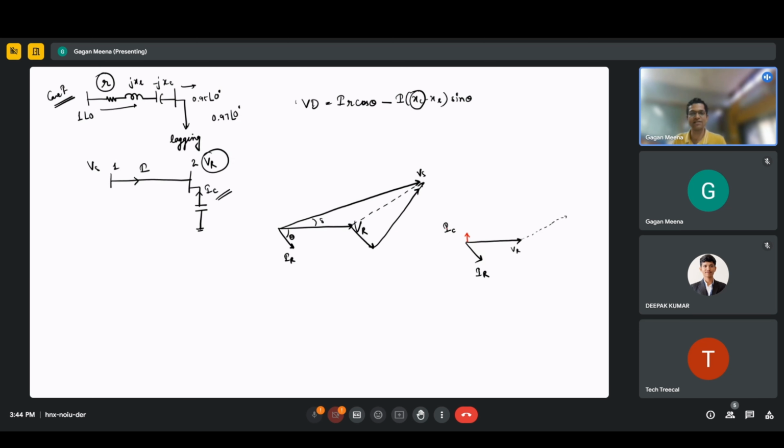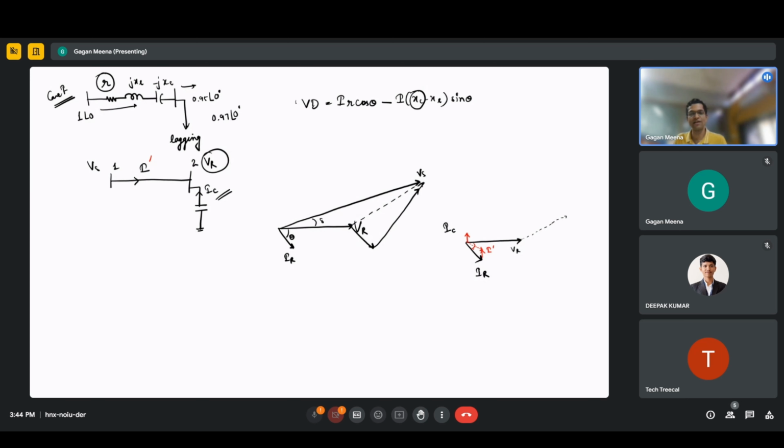So this IC is now because of the capacitor. This is not I, this is I dash. So we have to add this capacitor current here, and now this becomes I dash.